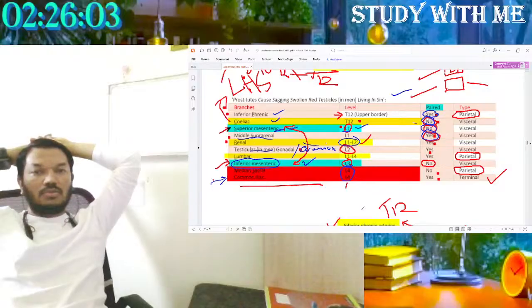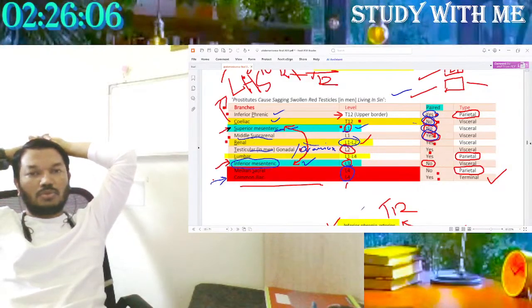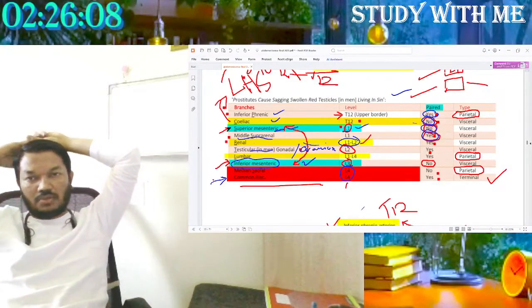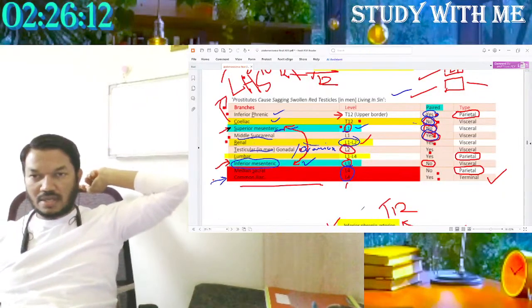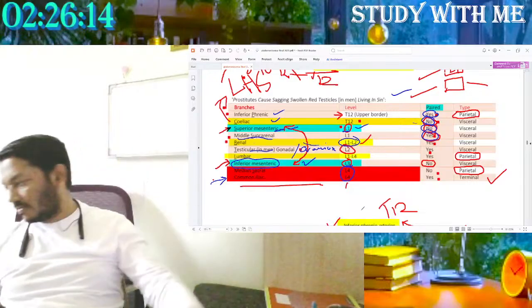Then we have renal. Renal is in lumbar, either one or two. On the right side it is L2, and on the left side it is lumbar one.